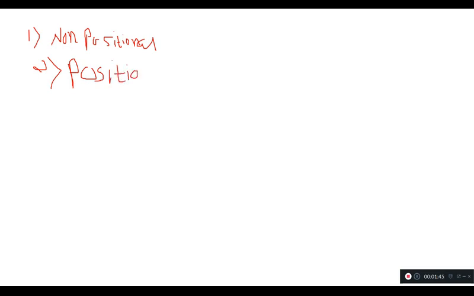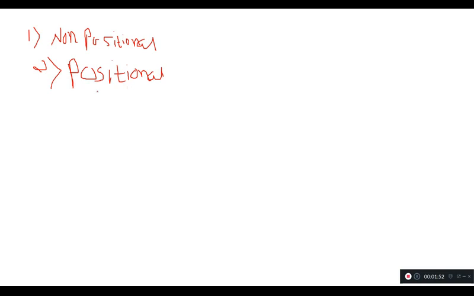In this number system there are two main types: the non-positional number system and the positional number system. First is non-positional, and second is positional. We will see the positional number system.